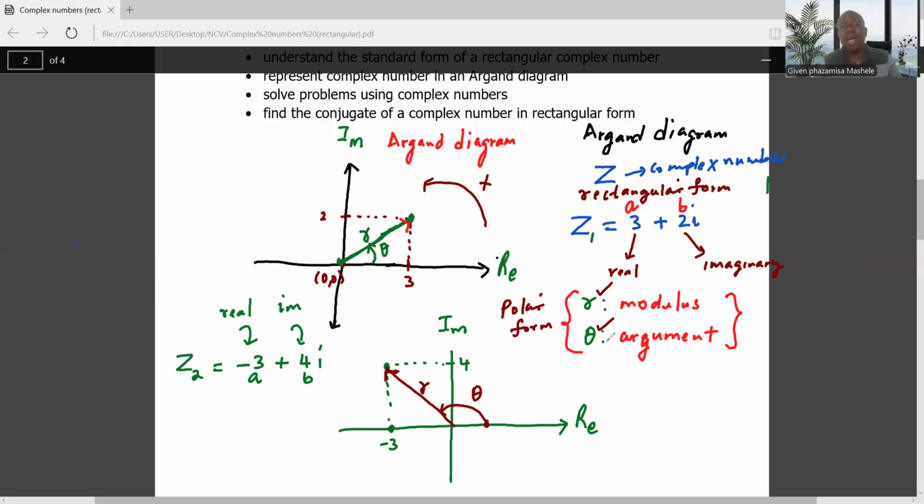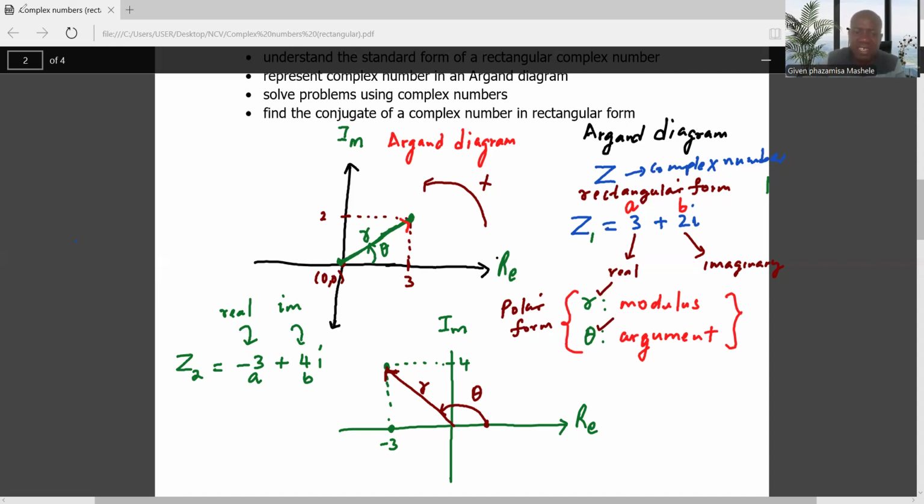So now you are able to know what a complex number is, and how to represent a complex number using the rectangular form on an Argand diagram. Now I want us to solve problems relating to complex numbers.